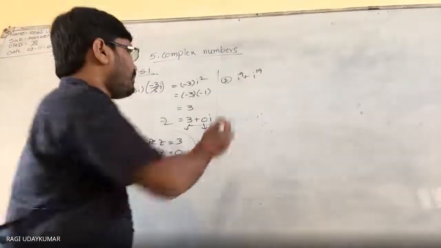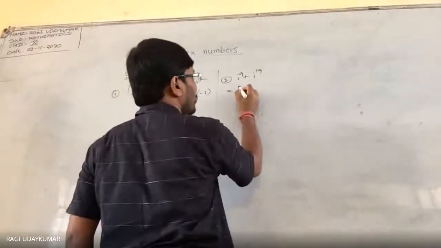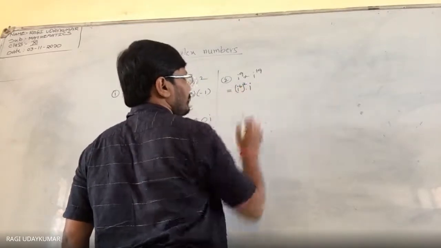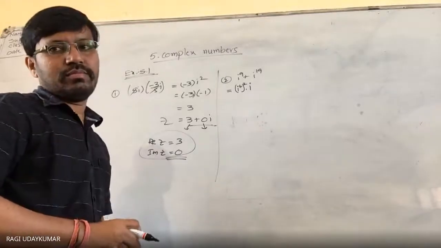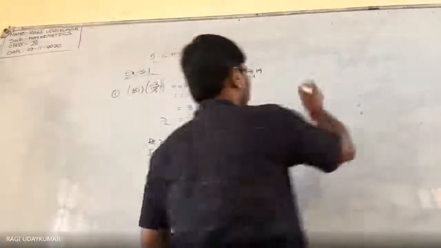That means you can write this in the form of i to the power of 4 whole square into i, because i to the power of 4 is equal to 1. Or you can remember it directly.